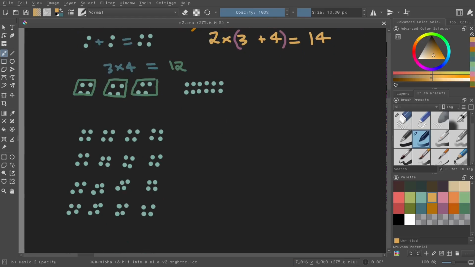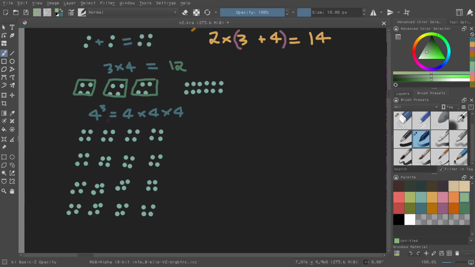And for exponents, in this example, we've got 4 to the power of 3. So this is 4 to the power of 3, which is the same as 4 times 4 times 4. And this is operating at a different grouping level than the multiplication. So for multiplication, we had groups of units.